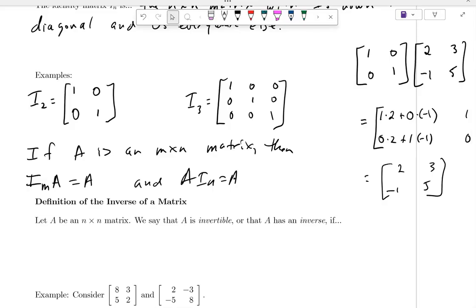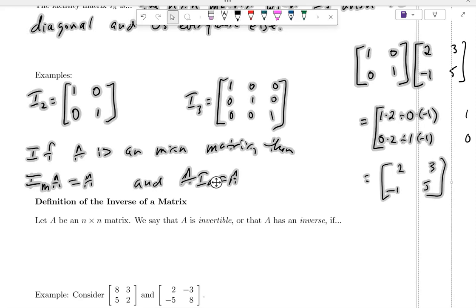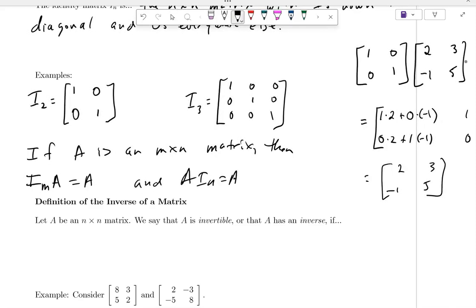Now again, how do we get back to the identity? Remember when I mentioned above, if you've got the equation 3x equals 9, I need to divide by 3 or multiply by 1/3, right? These two numbers are called inverses of each other. It's what gets you back to the identity. So we have the exact same definition for matrices.